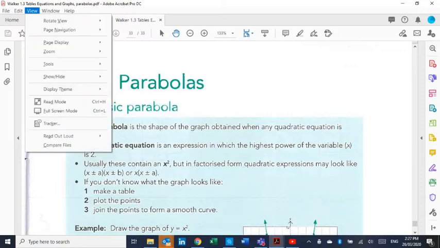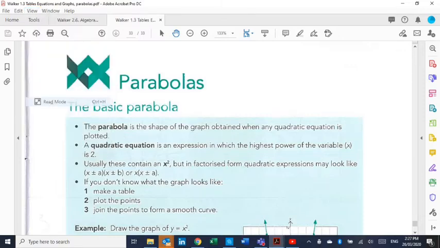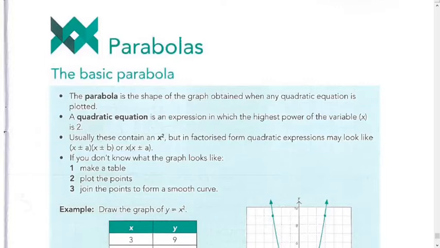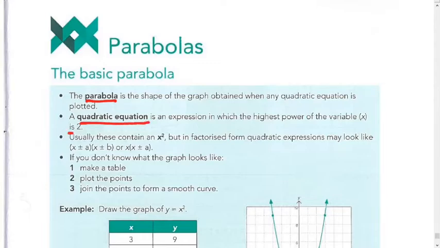Let's see if I can make that larger. There we go. So here we go. So basic parabolas, and there again, they're talking about the same thing I did. And a parabola, again, is given a shape from what's called a quadratic equation where the highest exponent is a 2. Okay, so let's take a quick look at what those do.